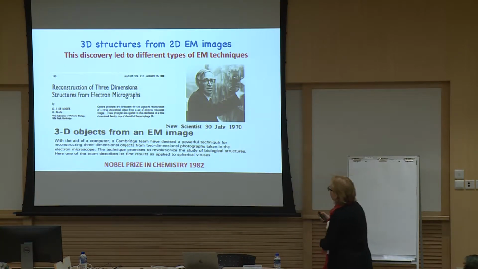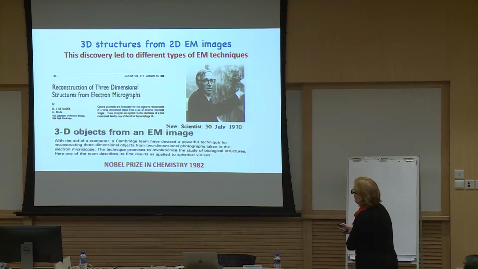So the idea of how you obtain 3D structure from 2D images came from Aaron Klug. This is Aaron Klug. And in the 1970s, they published this key paper, Reconstruction of three-dimensional structure from the electron micrograph.